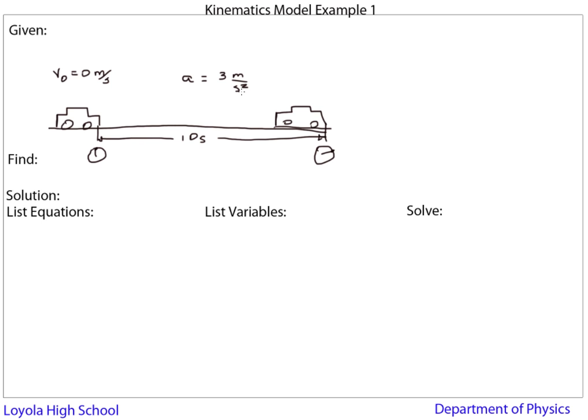The 3 meters per second squared, again, what does that mean? 3 meters per second squared really means 3 meters per second every second. That means I gain 3 meters per second of velocity every 1 second. And the reason why it's squared is because if you think about fractions, this is really seconds over 1.